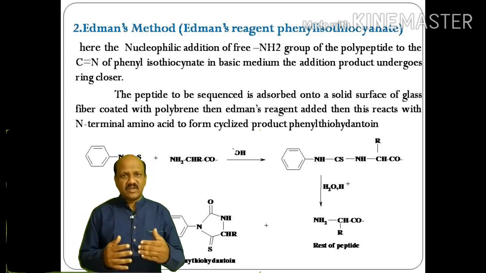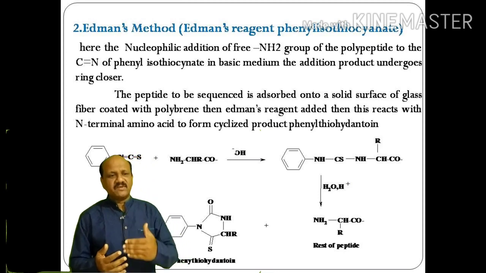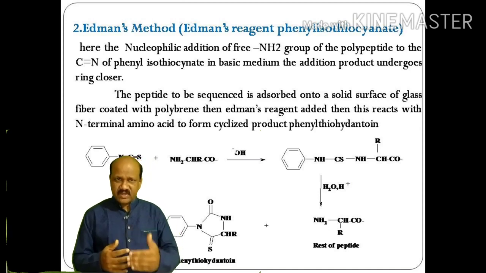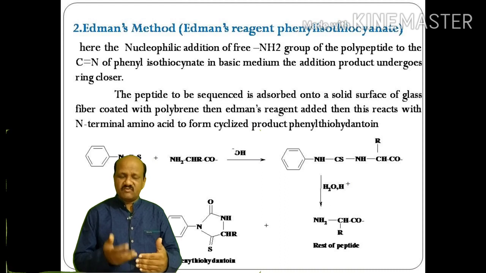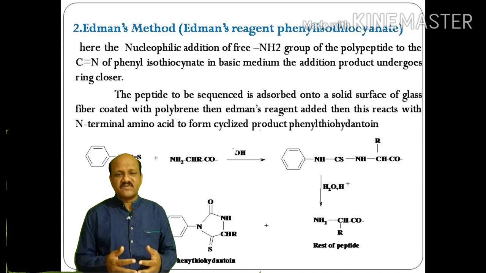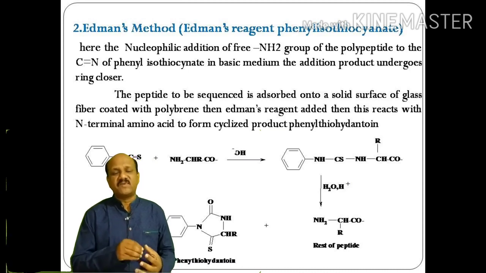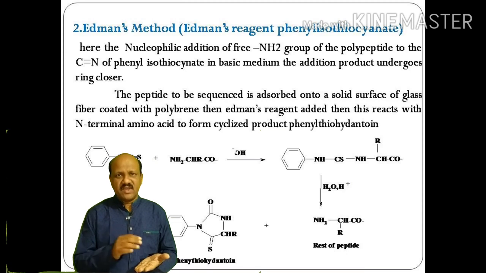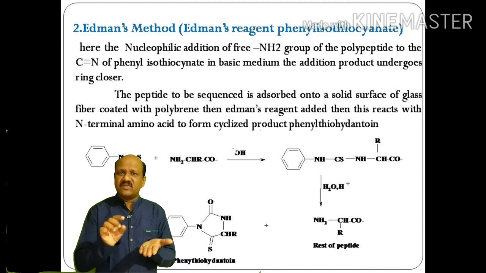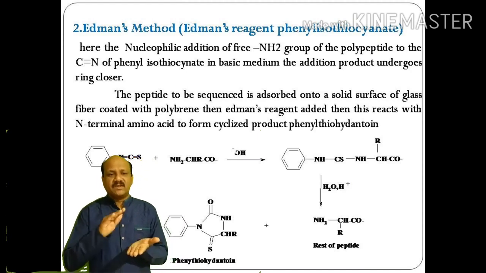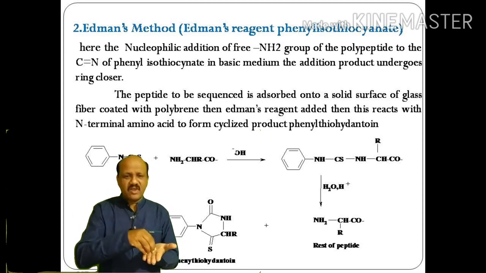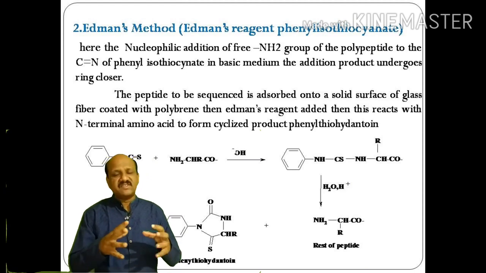So what is the process? The peptide to be sequenced, the peptide which we have to identify and study, is adsorbed, not absorbed, on a solid surface of glass fiber, which is coated with a polymer known as polybrene. Then the advanced reagent is added to that polypeptide molecule, and the reaction takes place.